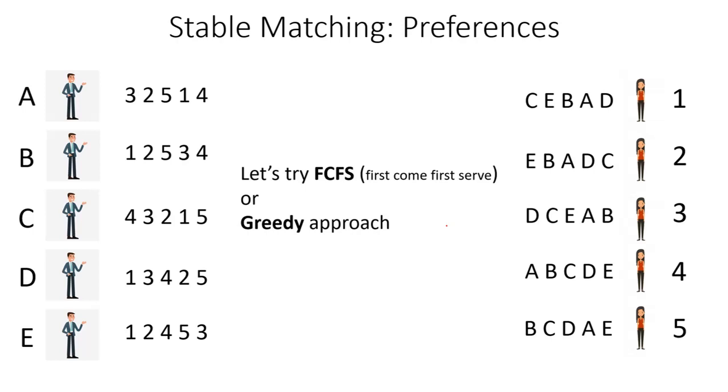So in order to match these 5 boys and these 5 girls, we first try the first come, first serve approach, also called the greedy approach.